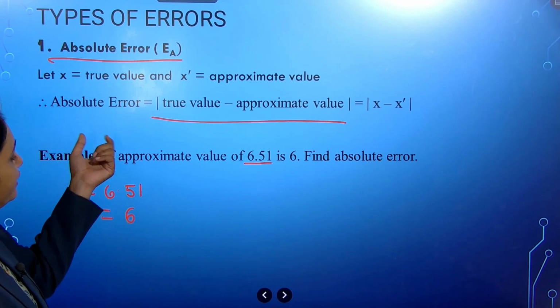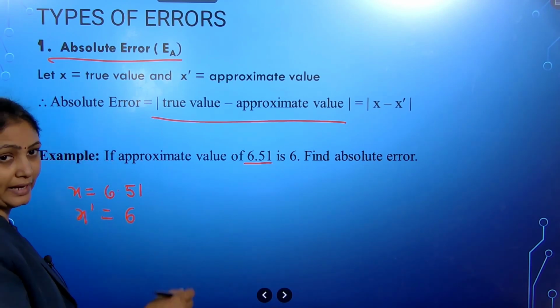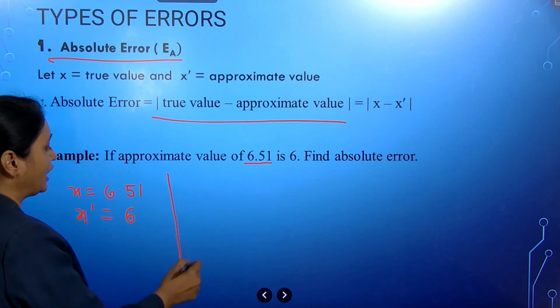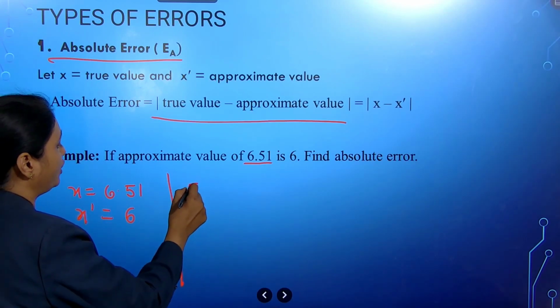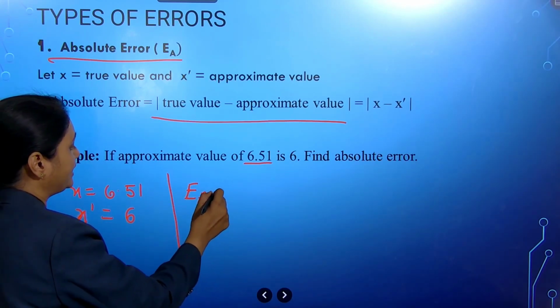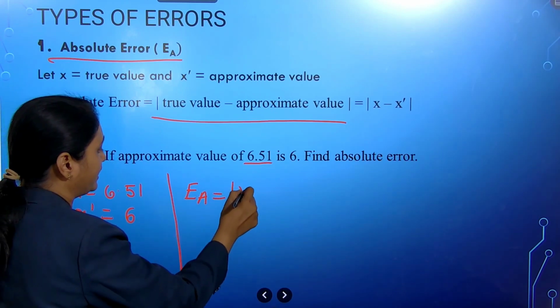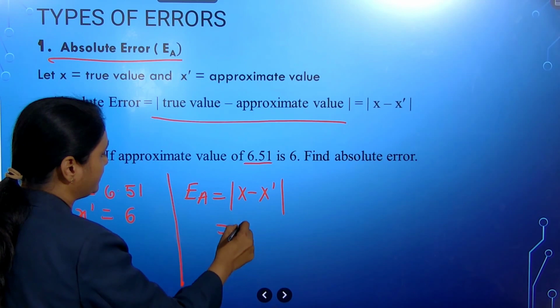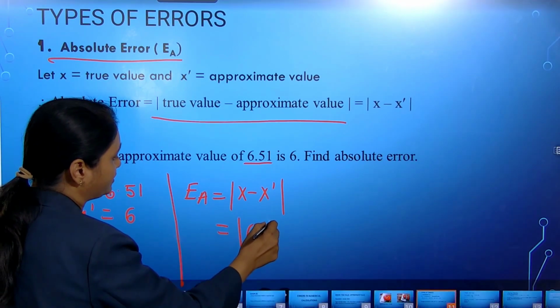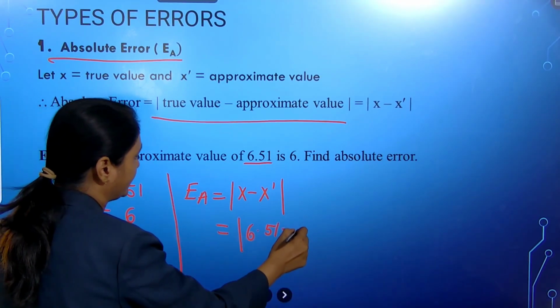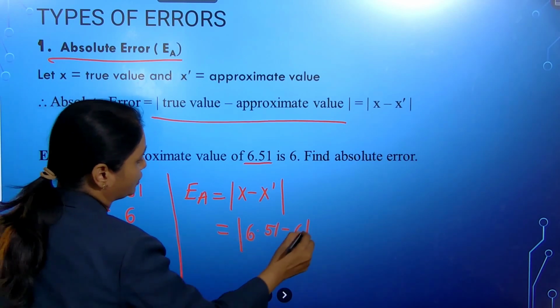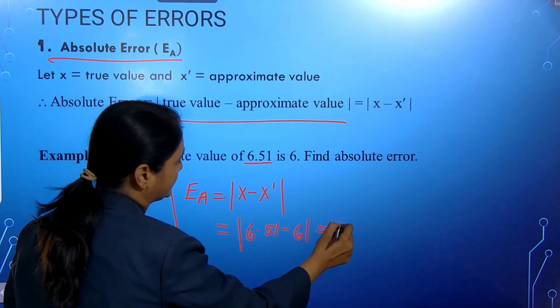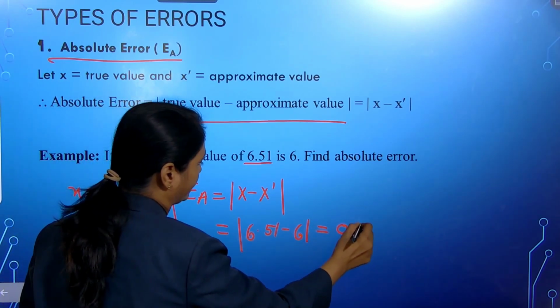So by formula we can calculate the absolute error. Absolute error is denoted by EA and it is equal to mod of x minus x dash. So this is equal to mod of 6.51 minus 6, that is 0.51.